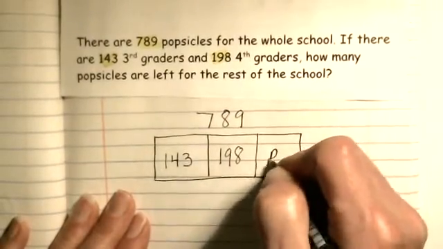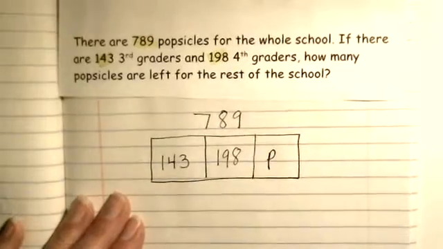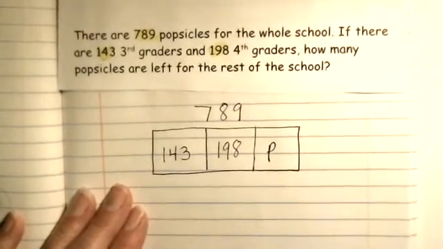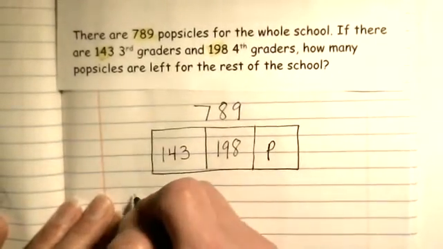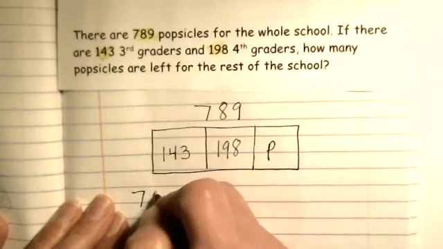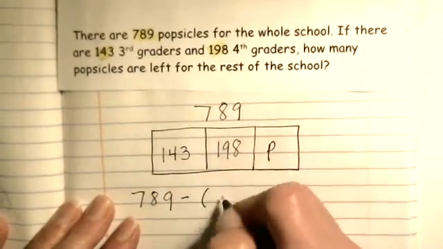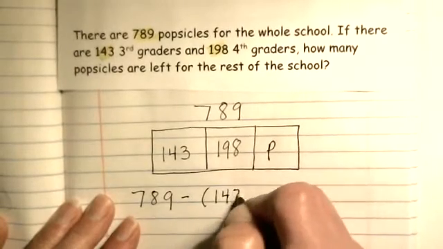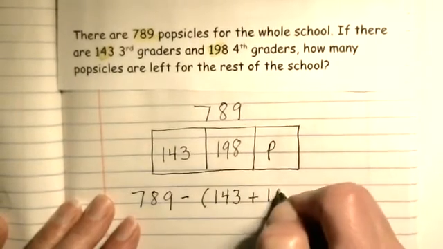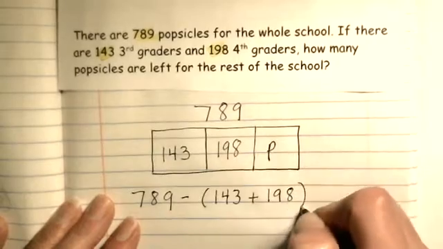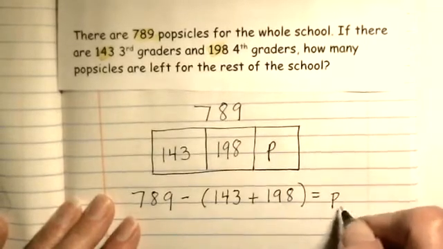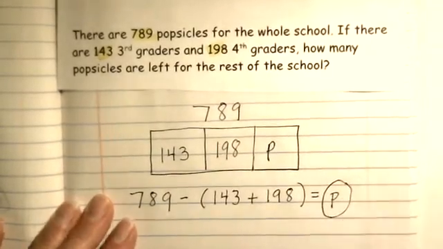And I'm just going to put a P for the rest of the school, how many popsicles are left. So my equation to solve this would be 789 minus, I have to add these up first. This is going to be what's left for the rest of the school.